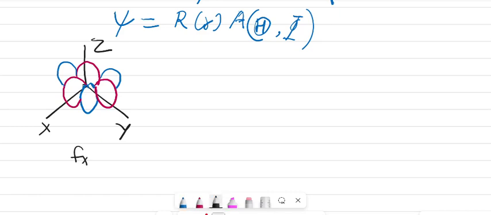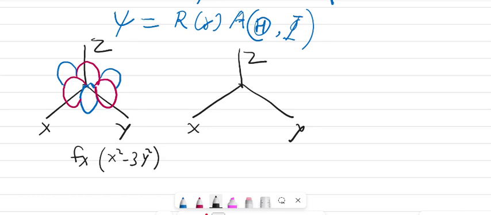This is fx(x2-3y2). Then this is fy(3x2-y2).